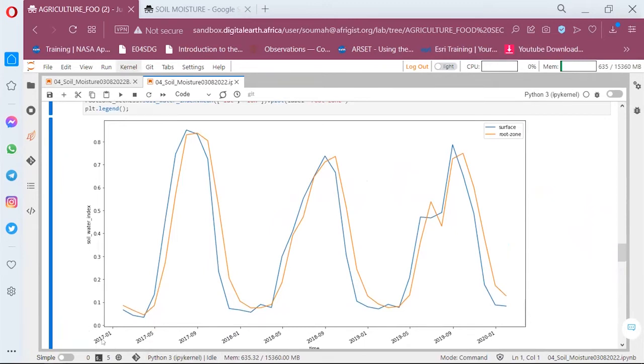We started from January 2017 and we ended our analysis in January 2020. We start with the surface. Surface is where you have the water received from precipitation. So during the dry season, you notice that the surface is dry, the values are lower. But as the rainy season is established from April towards May, we notice an increase of the wetness of the surface.